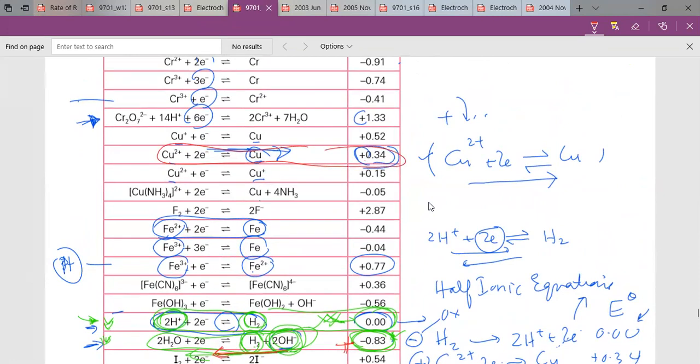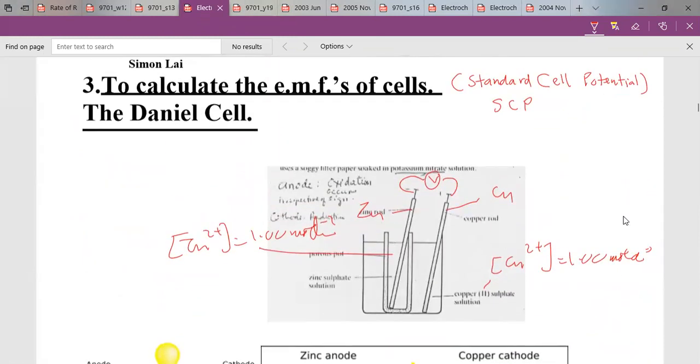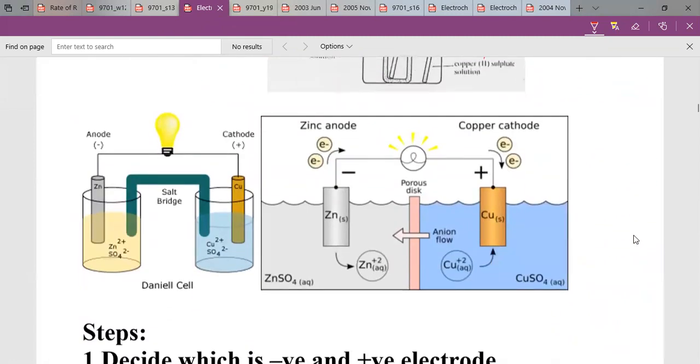So positive means copper is positive and zinc is negative, because you compare with the hydrogen one. Go and think about it, okay? So compared to hydrogen, in this case copper is positive, zinc is negative. Just like here, see now. So you decided the poles, already done.